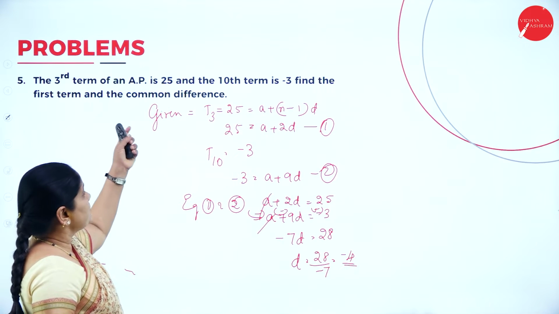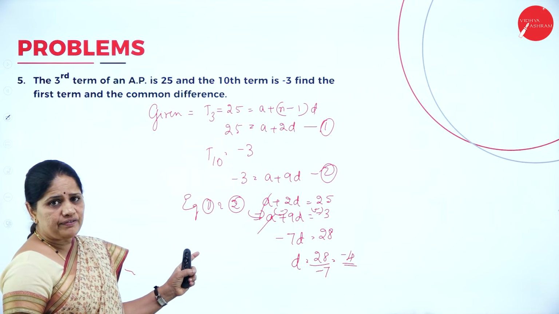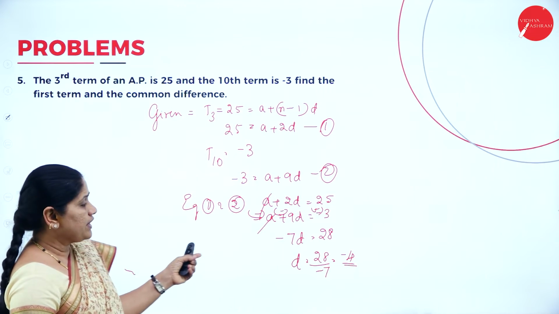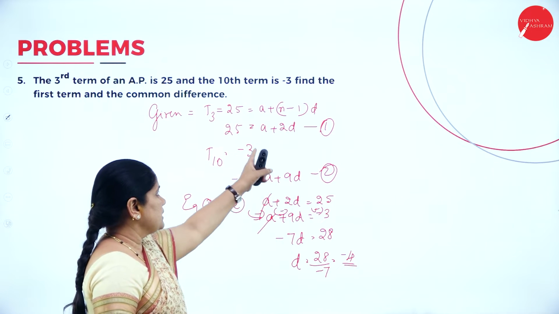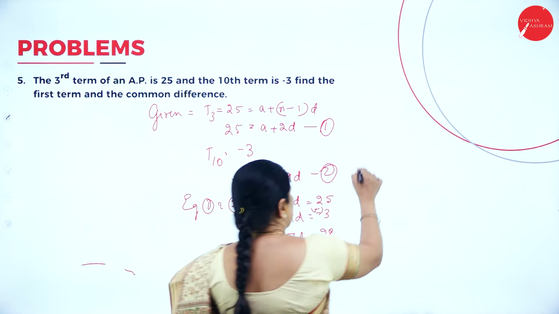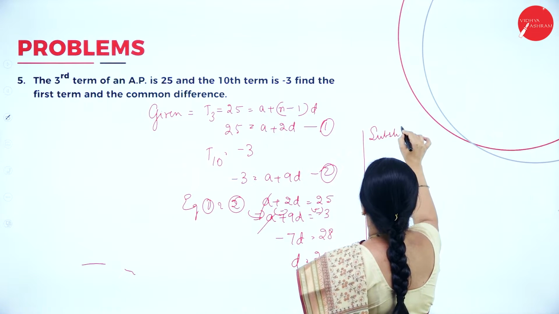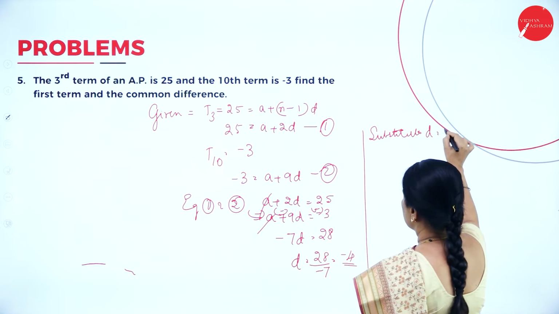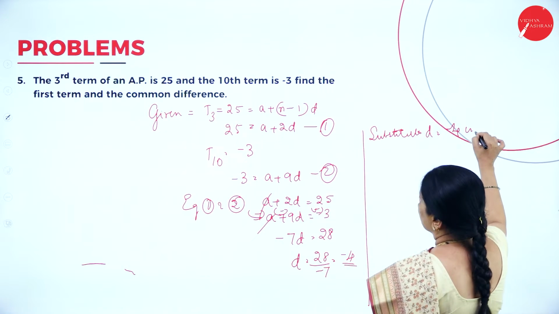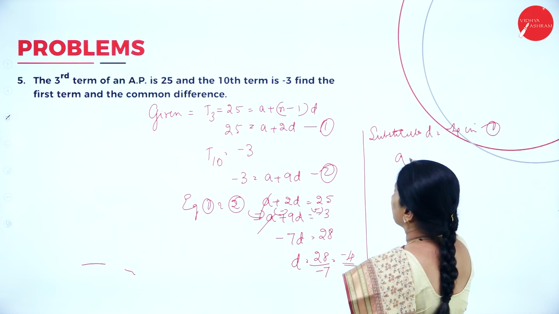Now we have to find the first term. So D is the common difference and we got the common difference as minus 4. Now we substitute D equals minus 4 in equation 1. So in equation 1, what do I have?